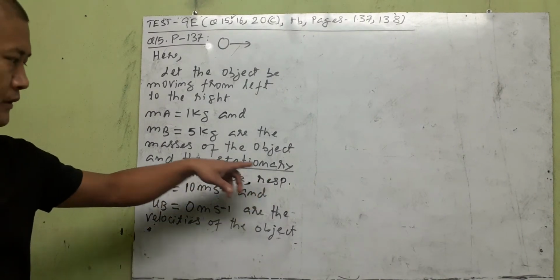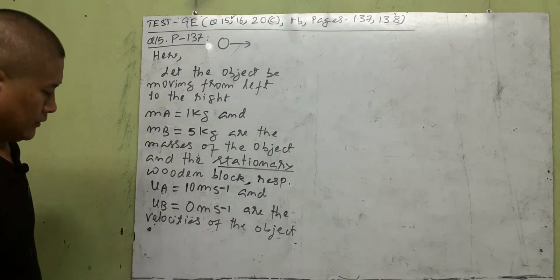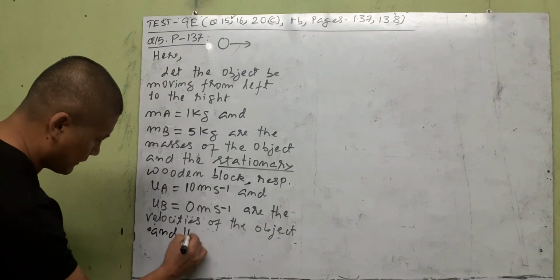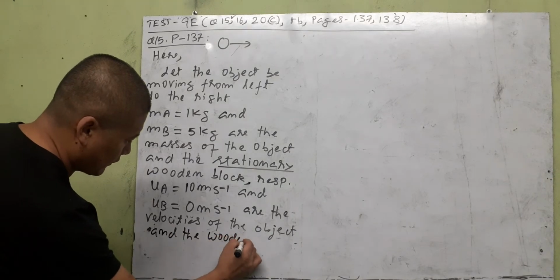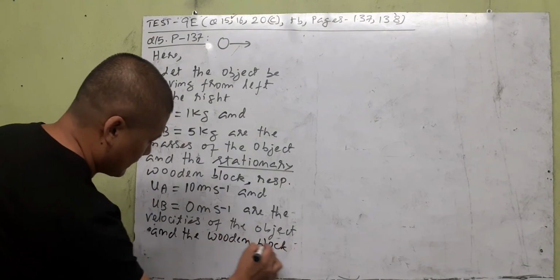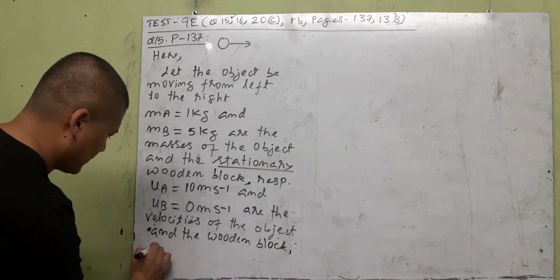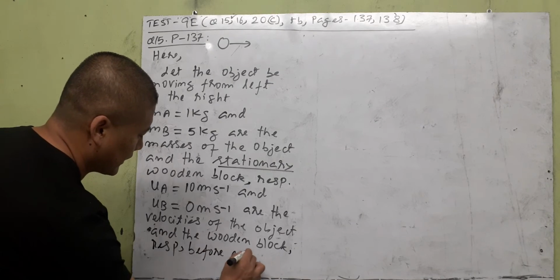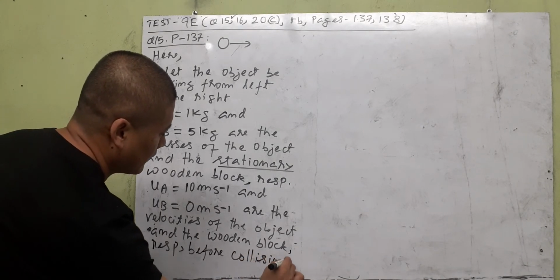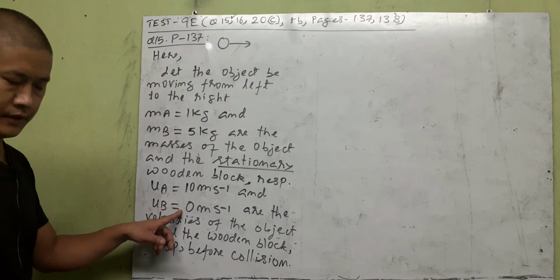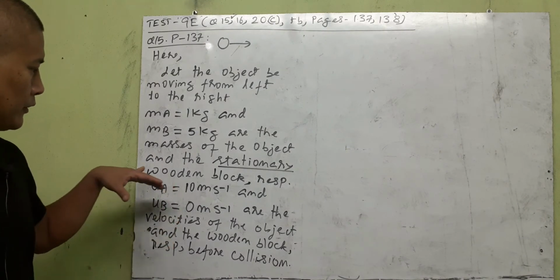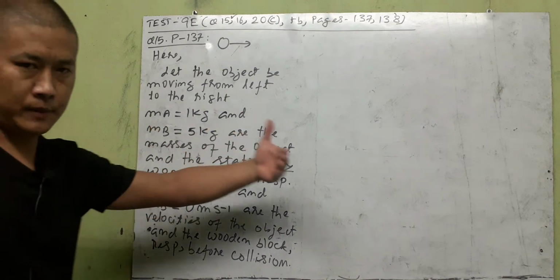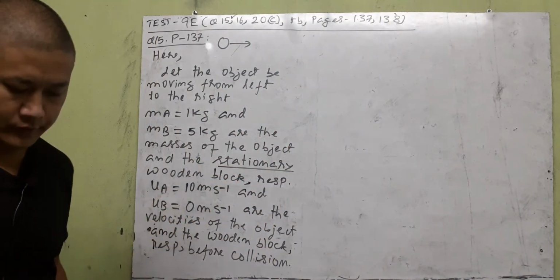So respectively will indicate that. Here are the velocities of the object and the wooden block respectively before collision, before they collide with each other. This is what their velocities are. Wooden, stationary, so 0, and then the object is moving with its own velocity of 10 meters per second before coming in contact or collision with the wood.